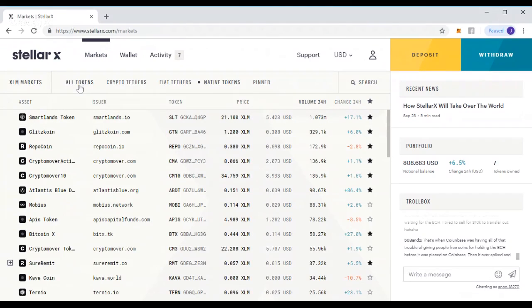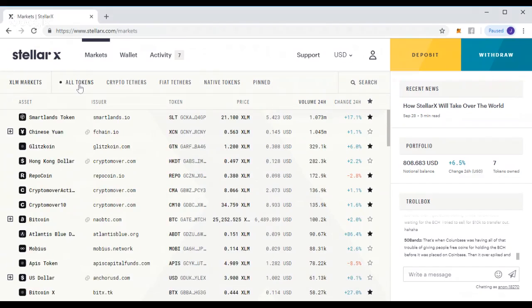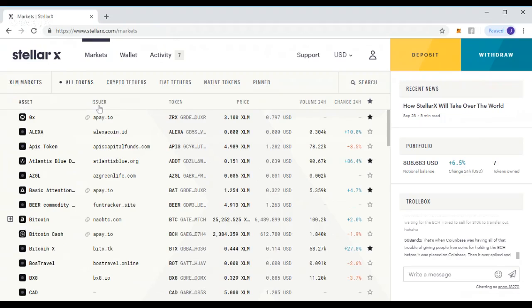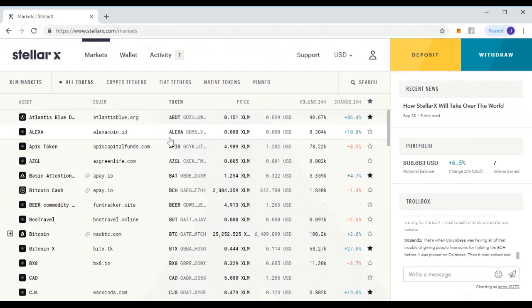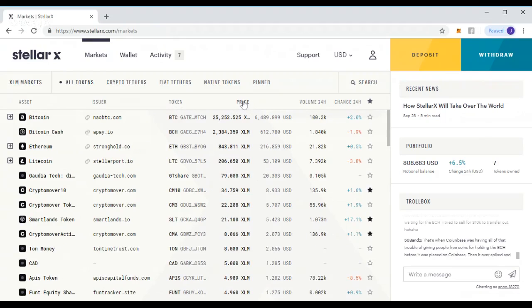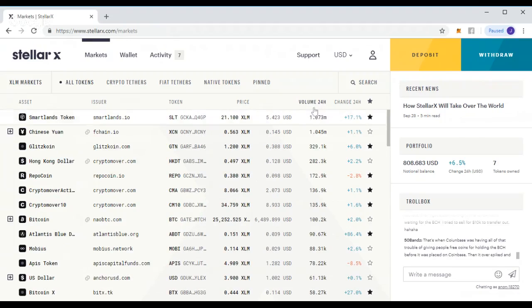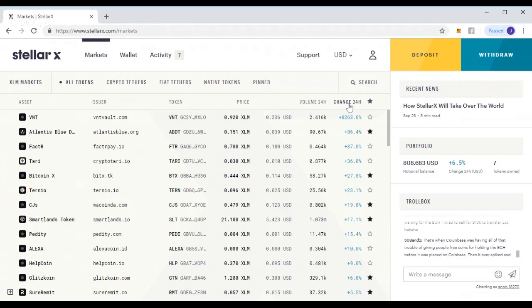The tokens, you can look at it in all tokens, and it'll show you all the tokens. You can put them in alphabetical order or by issuer, by the token ticker. You can go by price, by volume, top volume, which right now Smartlands token has the top volume at 1.073 million, and the 24-hour change.